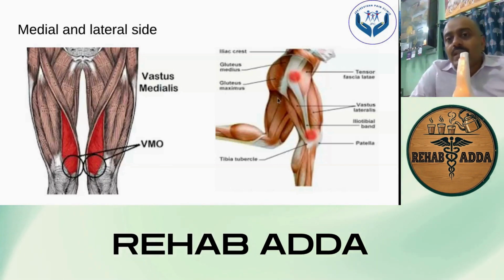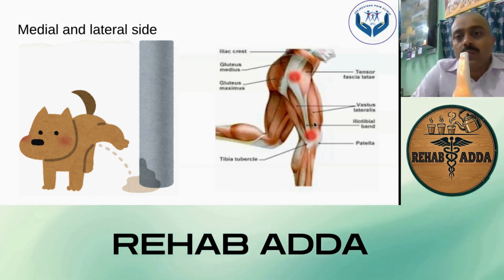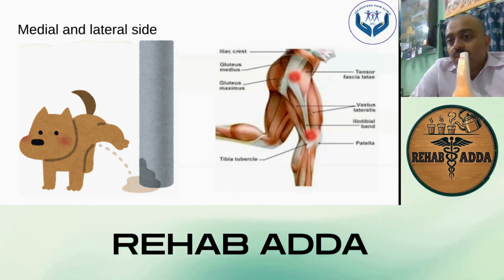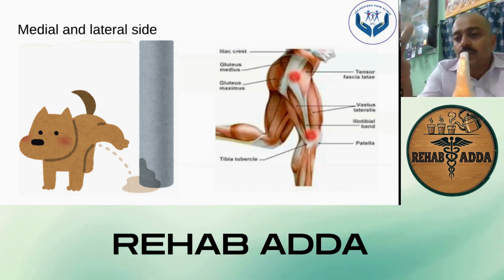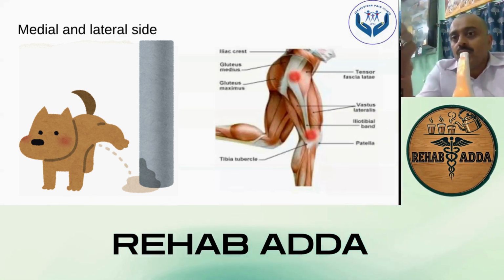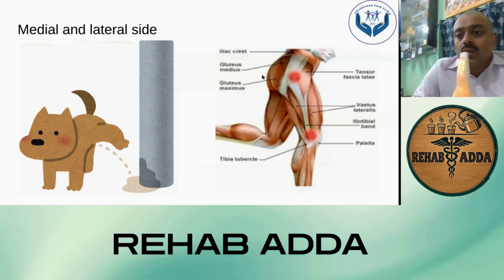And on the lateral side there is the iliotibial band. What is the function of the iliotibial band? The best way to remember is peeing like a dog. It helps in abduction. As the dog is peeing, they raise their legs. So the iliotibial band is very easy to remember: its function is peeing like a dog.